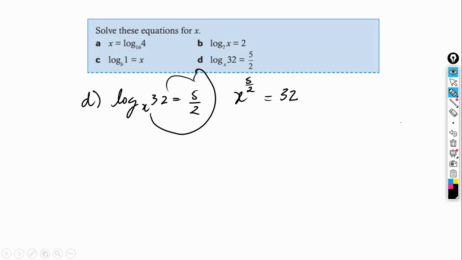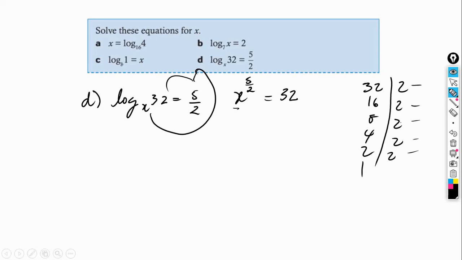And in this case, this base is x, and this base would be probably 2, because if we factor 32, let's see what we get. We're going to go 2 times 16, 2 times 8, 2 times 4, 2 times 2, and 2 times 1. So we have 1, 2, 3, 4, 5. So 32 is 2 to the 5. So then we get x to the power of 5/2 is equal to 2 to the 5.